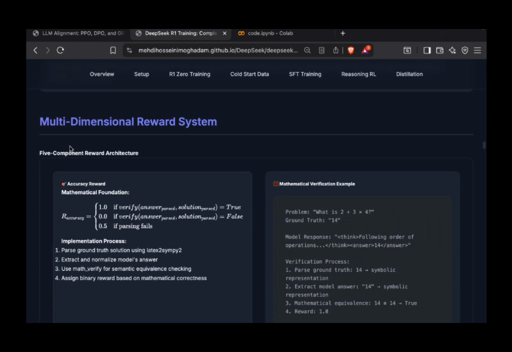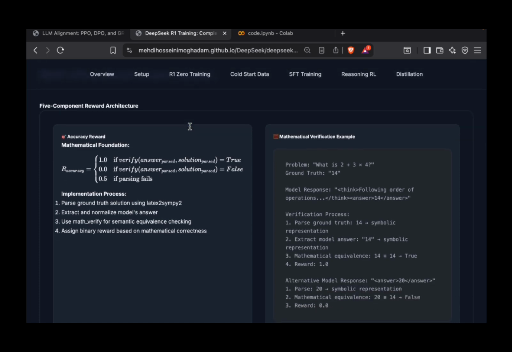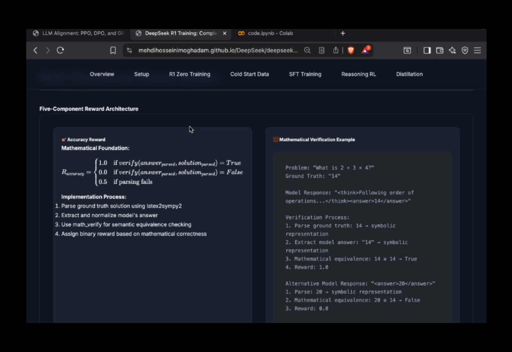So now to the section on the multidimensional reward system. The first and foremost thing is, because we have math problems and coding challenges, we need to make sure that the output of the LLM and the ground truth will be parsed in the right way.